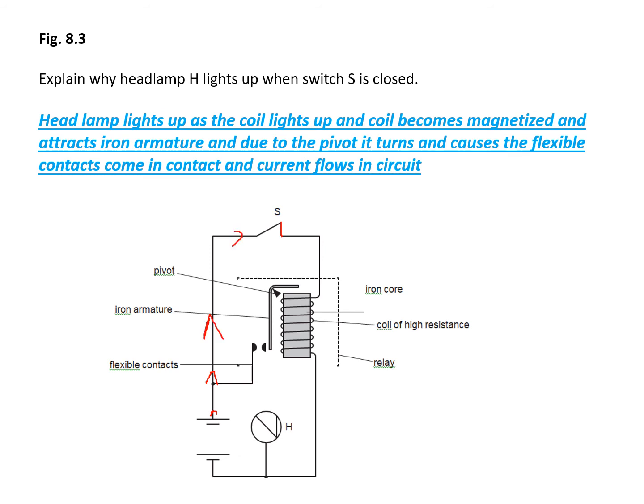When the switch is turned on, it goes further into the coil, which makes it magnetize. Due to the magnetic field, it attracts the iron armature, and due to the pivot, this part is pushed out, making the flexible contacts come in contact, due to which the current flows and this lamp lights up.